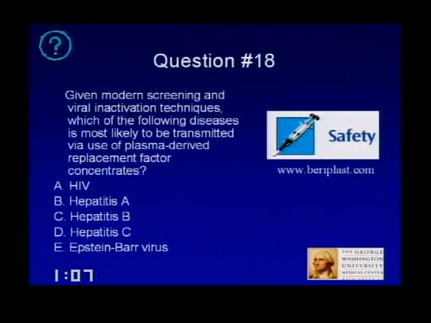So the question here is, which of these diseases, in the modern day and age, with all of the screening tests that we have, could still be transmitted via the use of plasma-derived replacement factor concentrates in hemophilia? Shall we vote?